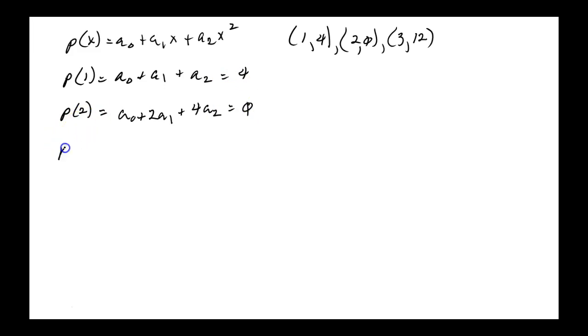That's your y value. And P of 3 would be a sub 0 plus 3a1 plus 9a2 is equal to 12.